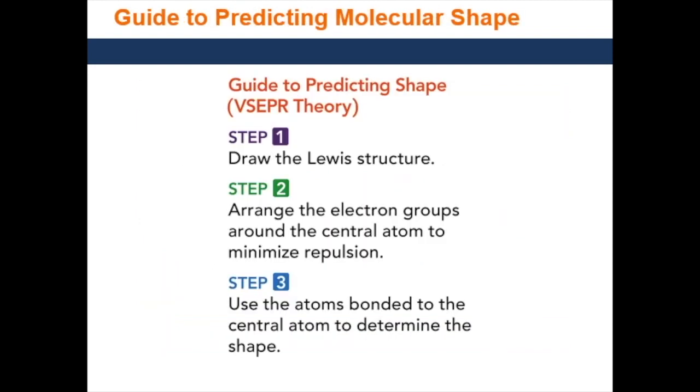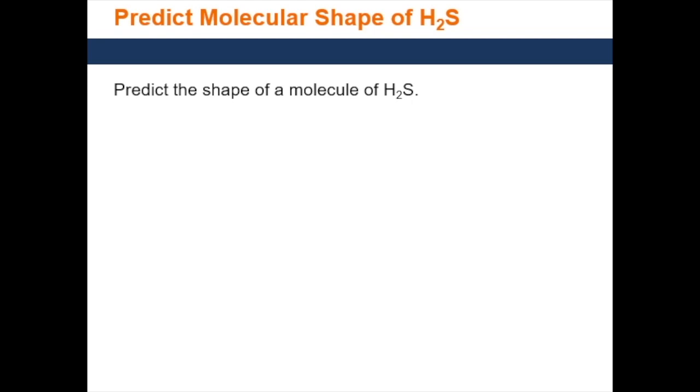Oops, let's draw this again. So I have sulfur, hydrogen, hydrogen and 2 lone pairs, right? The total number of valence electrons here: hydrogen was 1 electron each, so 2 times 1. Sulfur was 6 electrons, so total is 8 electrons. So this would be our Lewis structure. Now if I were to decide what the shape would be, the central atom is sulfur, it has 4 electron groups.